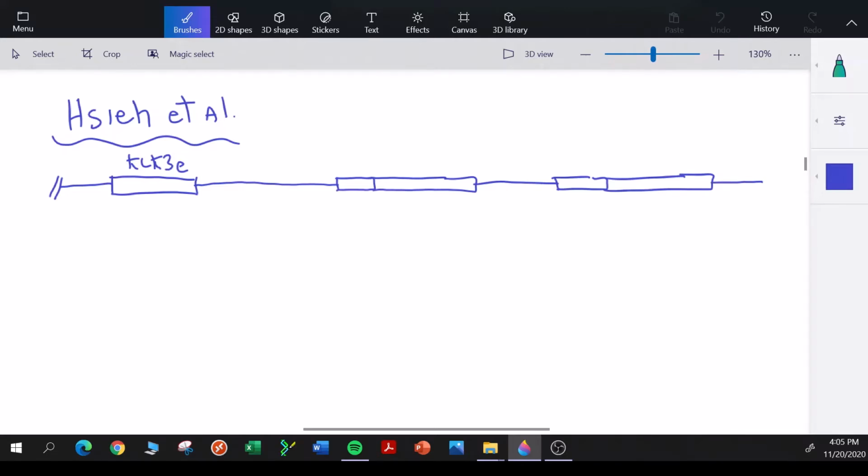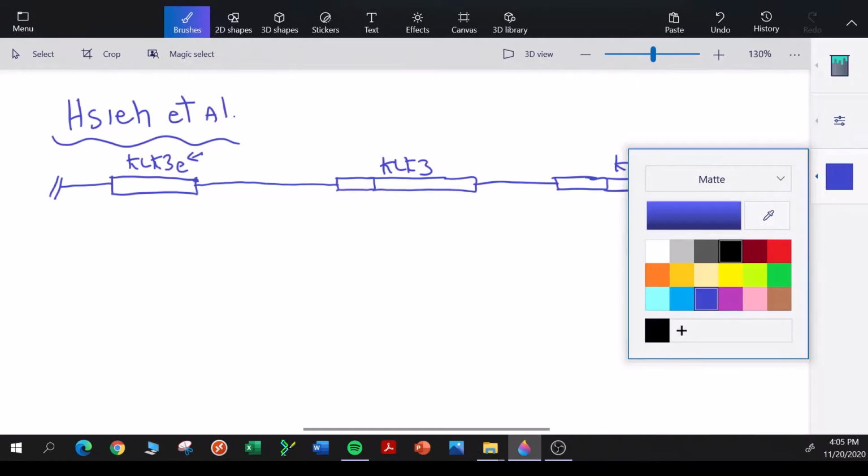So here is the KLK3 gene. Here is the KLK2 gene. Again, this is the KLK3 enhancer. I wonder if I can color these in quickly without wasting too much time, because I have some of these diagrams already drawn below.